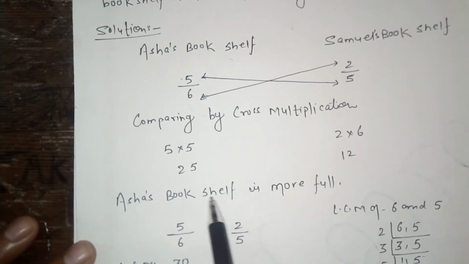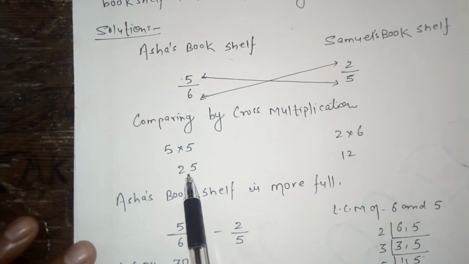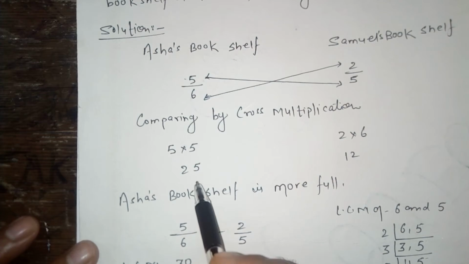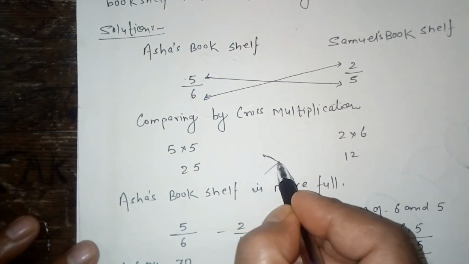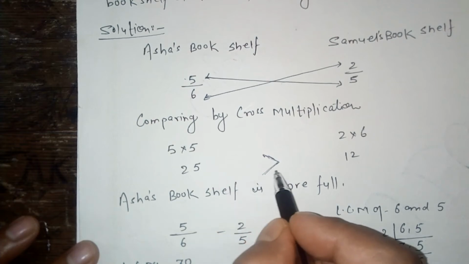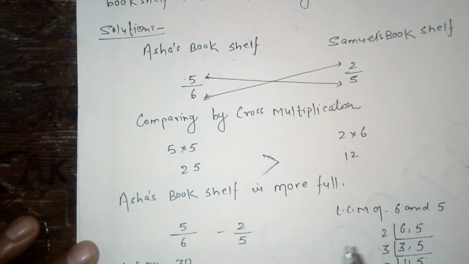According to the numbers, it is very easy for you. Asa's bookshelf is more full, because 25 is greater than 12. Therefore, Asa's bookshelf is more full.